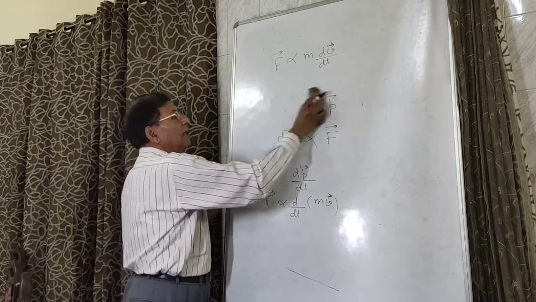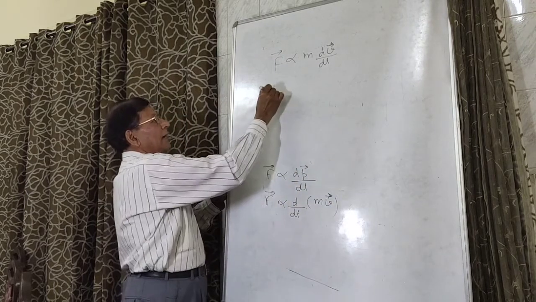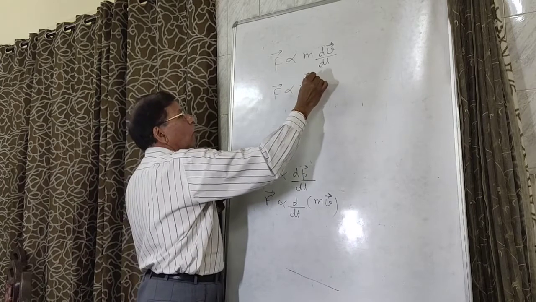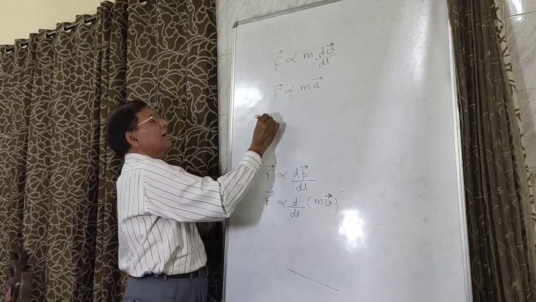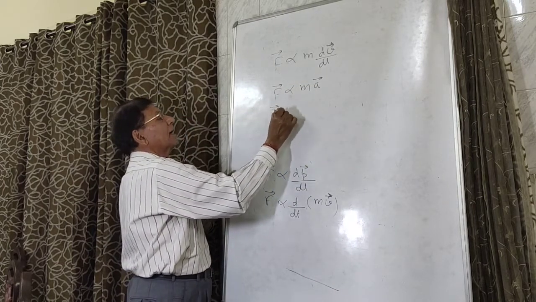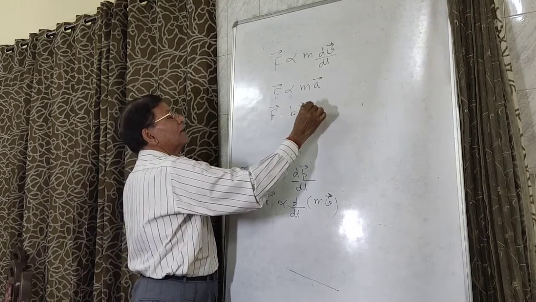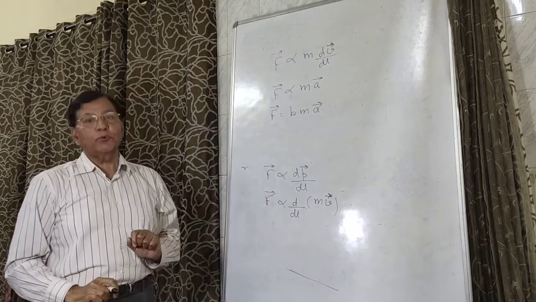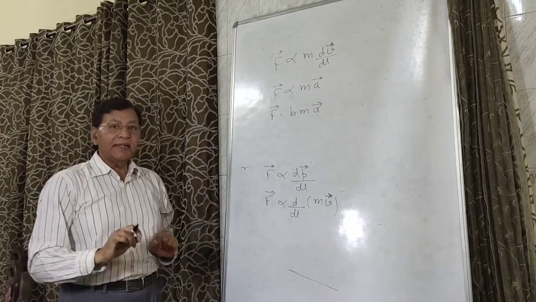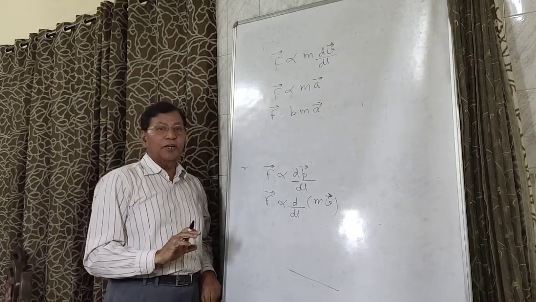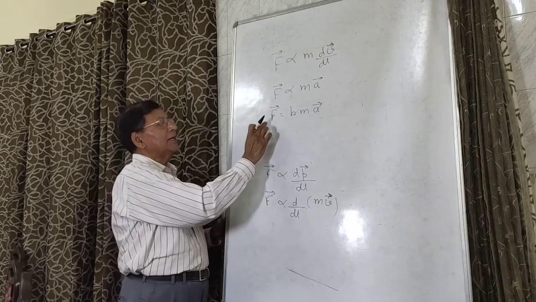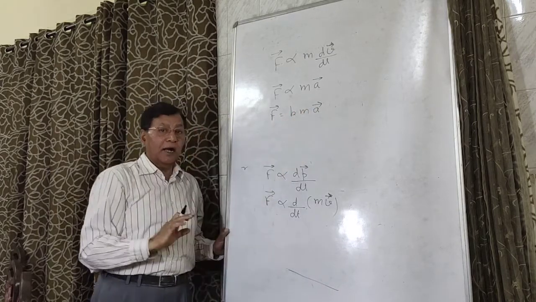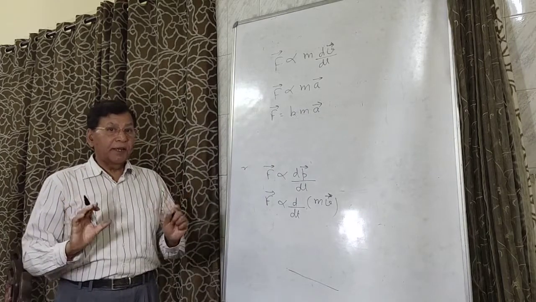So therefore F proportional to m into a, or you can say that F equal to k m into a, where k is the constant of proportionality and its value depends upon the units in which we measure force, mass and acceleration. अब मेरी बात ध्यान से सुनना.